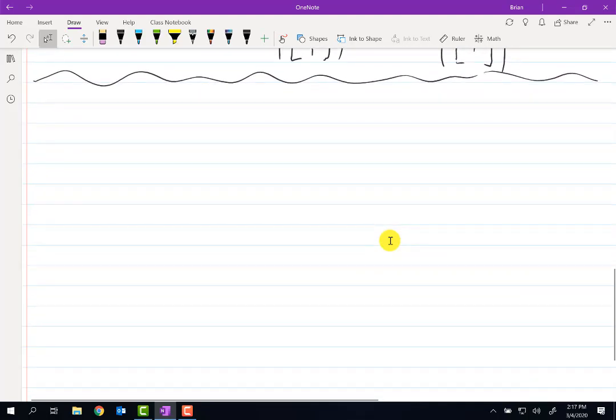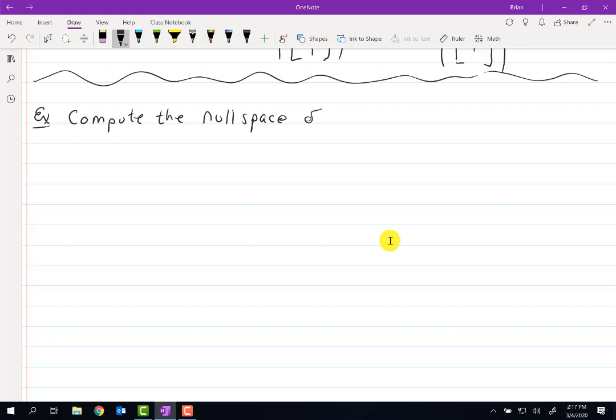Let me do another example. Let's compute the null space of, this time, A is going to be a 3 by 4 matrix.